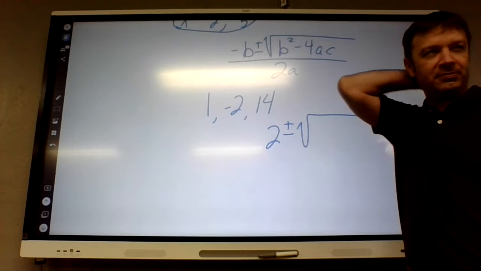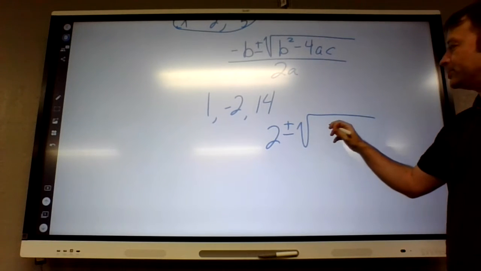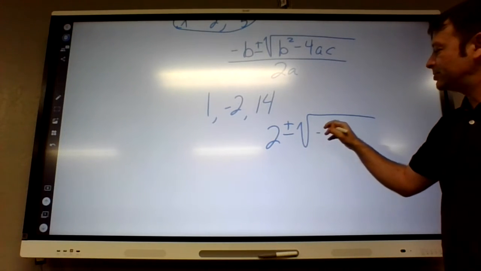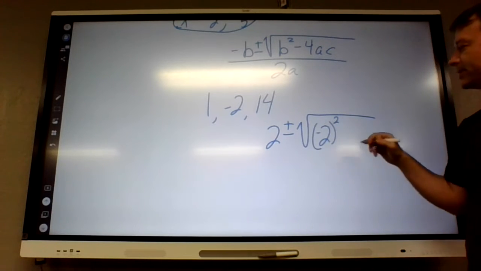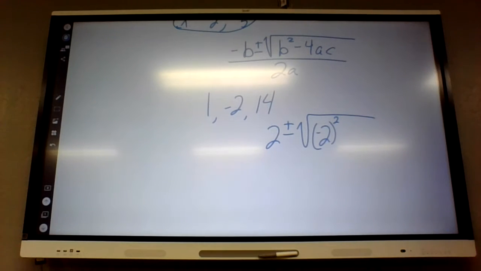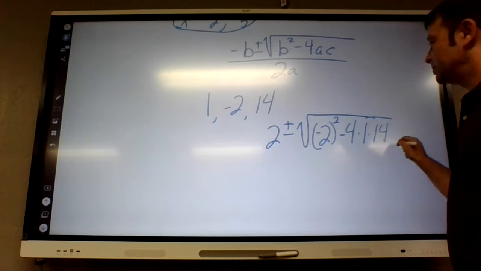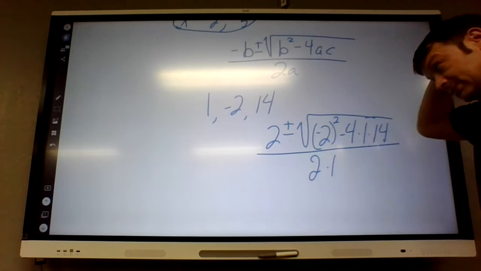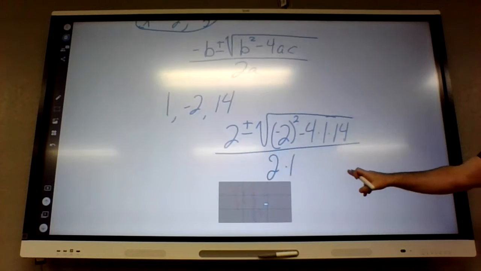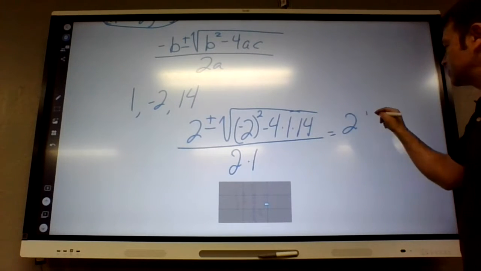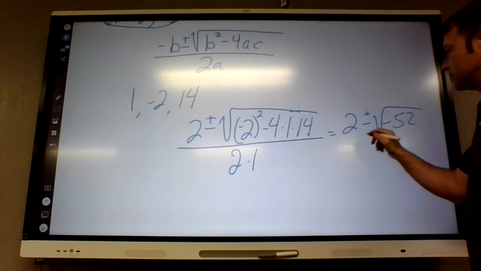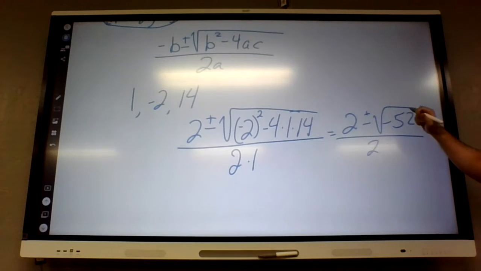I think mostly you guys did this right on the quiz, but when you square the b right here, it should be in parentheses, or just make it positive, one of the two, because that should come out positive 4. Minus 4ac over 2a. Now I believe this comes out as 2 plus or minus square root of -52. Is it 52 or 54? It's 4 minus 56, yeah, it's -52.